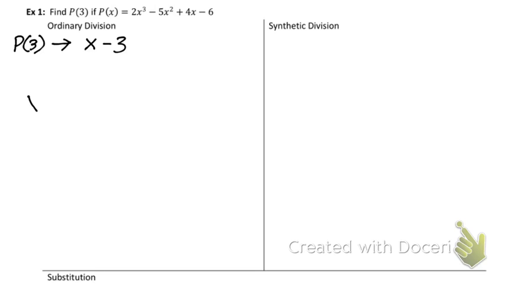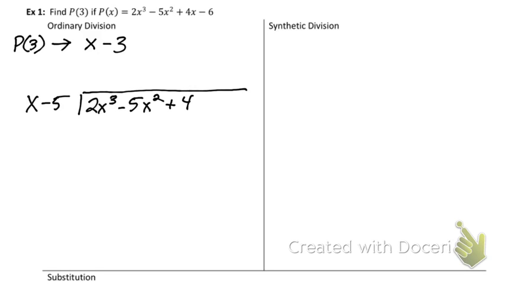And this setup is just like any other long division. We're going to have x minus 3 outside of a division bar. Inside that bar, we're going to have 2x cubed minus 5x squared plus 4x minus 6. Yes? Where'd you get x minus 5? Oh, I'm sorry, x minus 3.